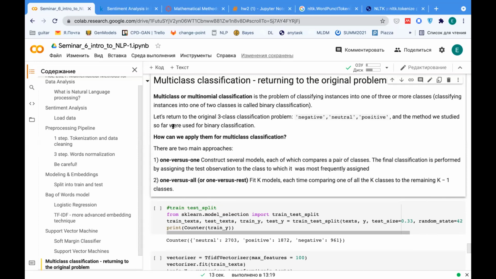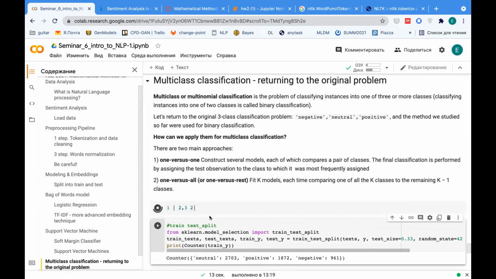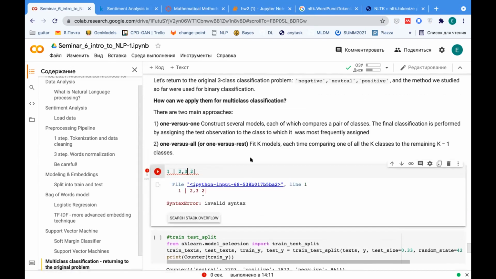And another thing that we can do is one with all. So we'll just, for example, classify 1 versus 2 and 3, 2 versus 1 and 3, and 3 versus 1 and 2.